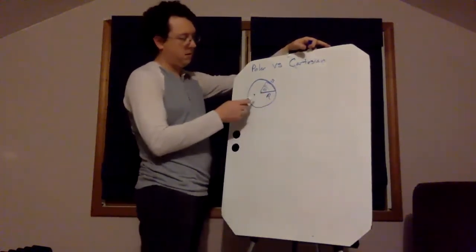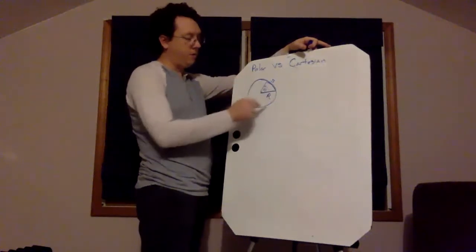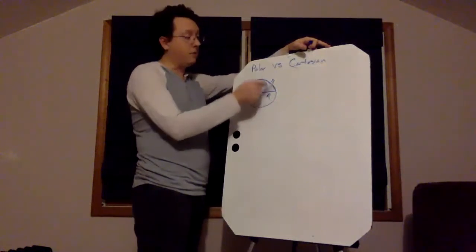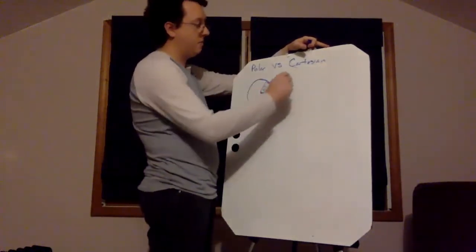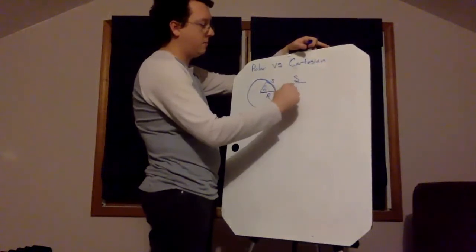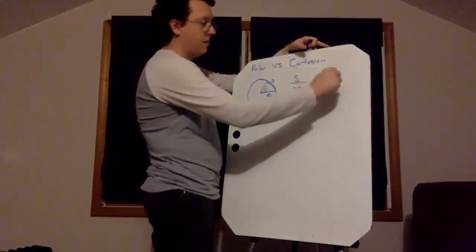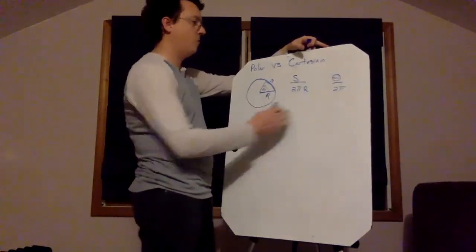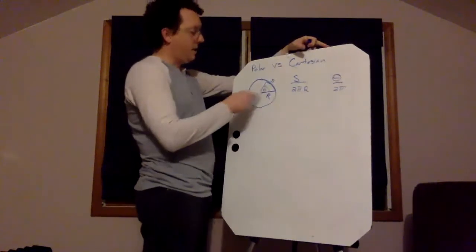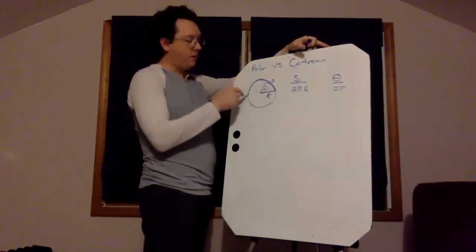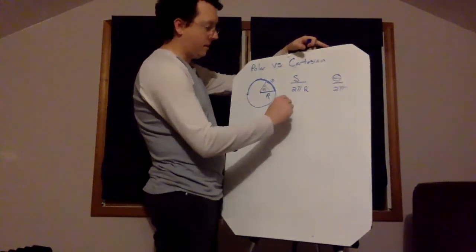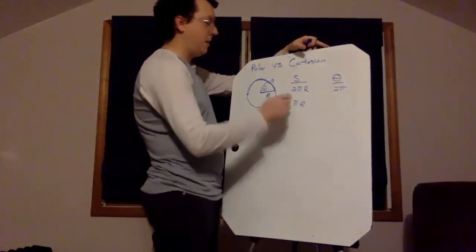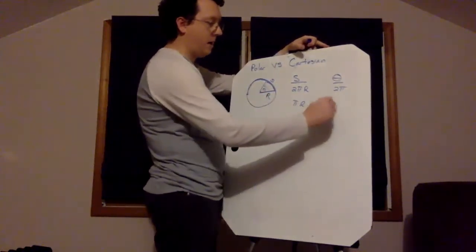Well, I know that if you go all the way around, the angle would be 2 pi radians, and the arc length would be the full circumference. So when S is equal to 2 pi r, theta would be 2 pi. And then if I only went halfway around, that would mean the arc length was pi times r, and the angle would be only half as much, it'd be pi.